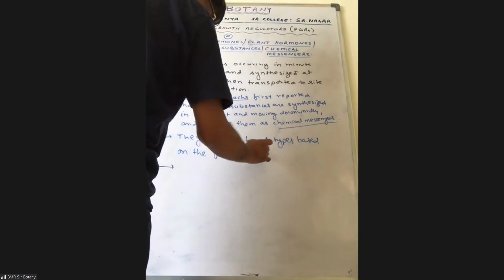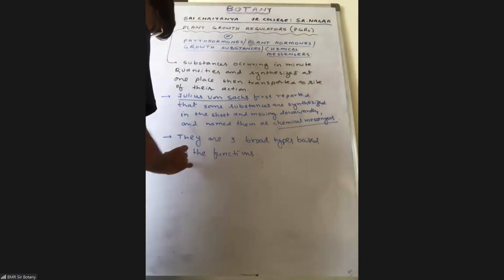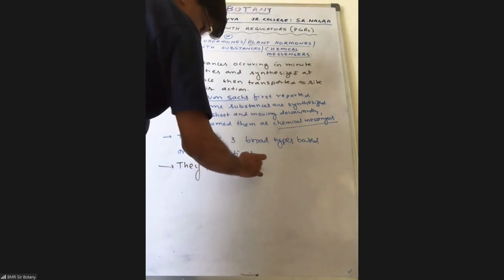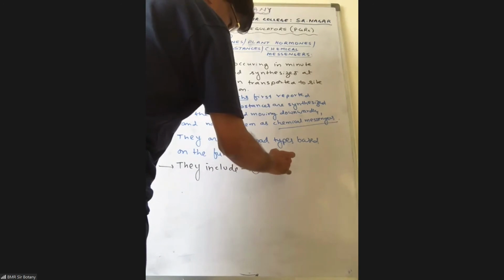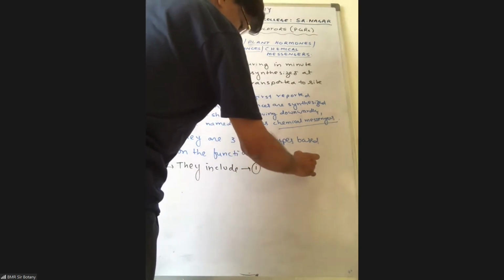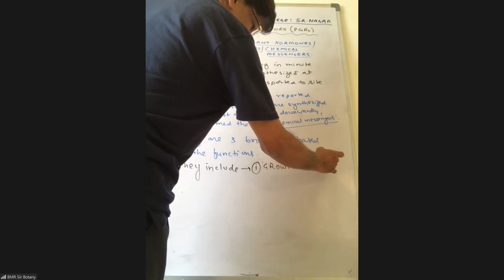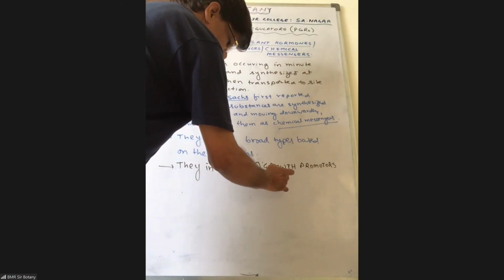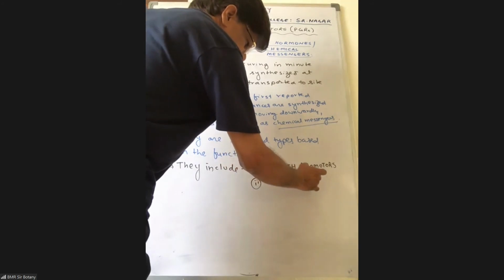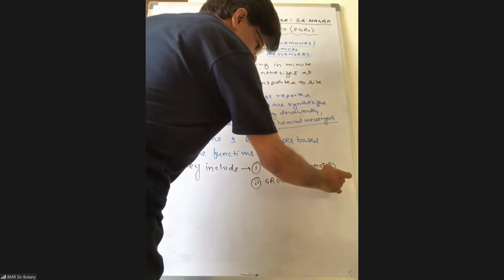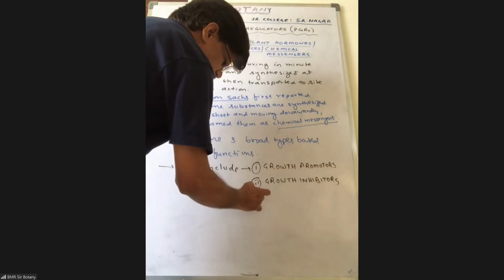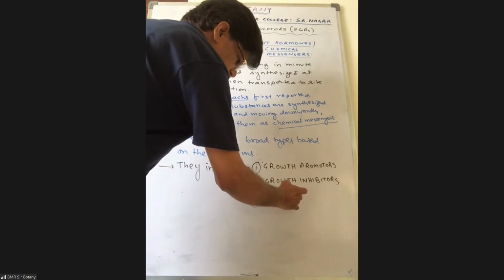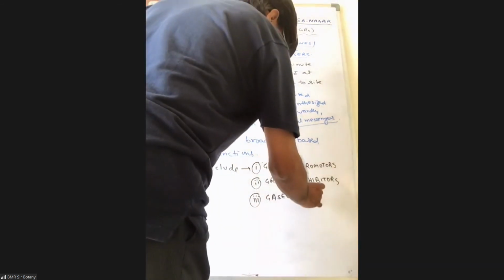They include one, growth promoters; two, growth inhibitors; and the third category is gaseous hormone or fruit ripening hormone.